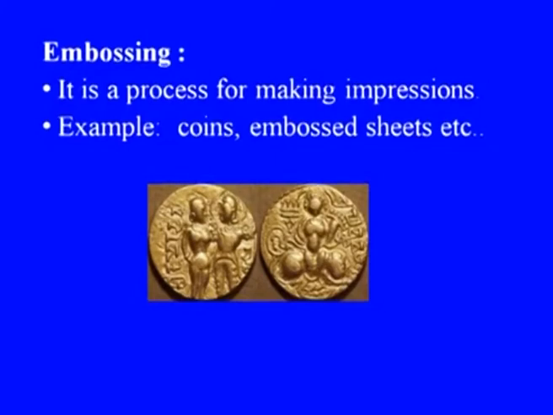It is a process for making impressions, for example, coins or embossed sheets. Bending. This process is used for making bends in sheet metal, rods, channels, etc. as per the requirement on a press.